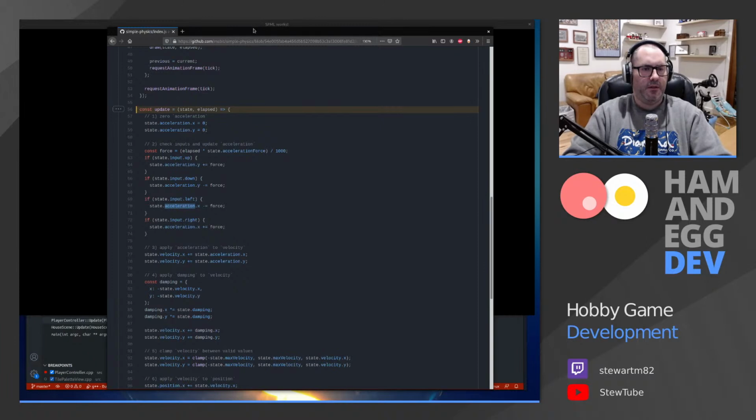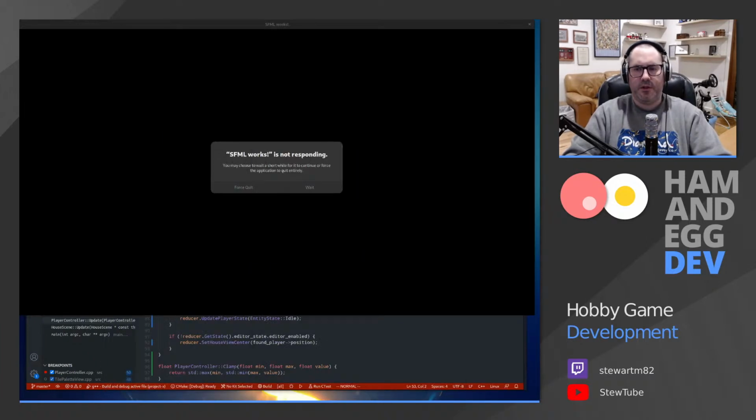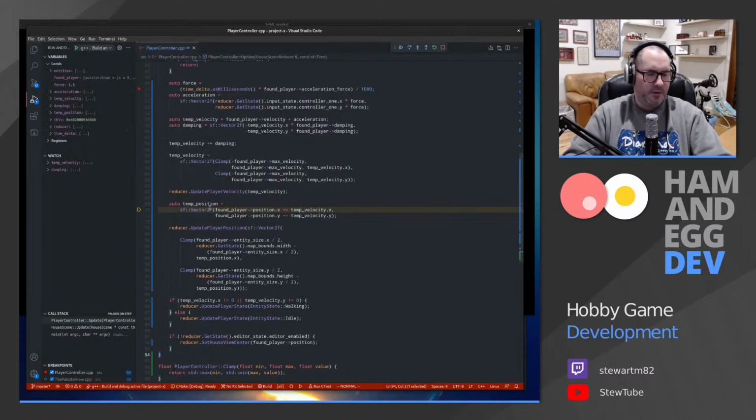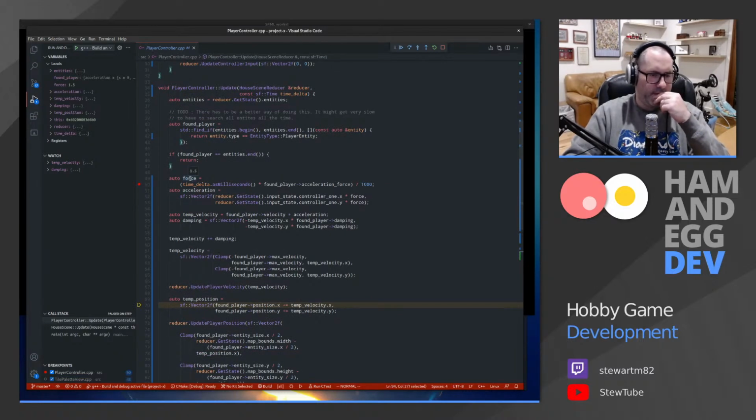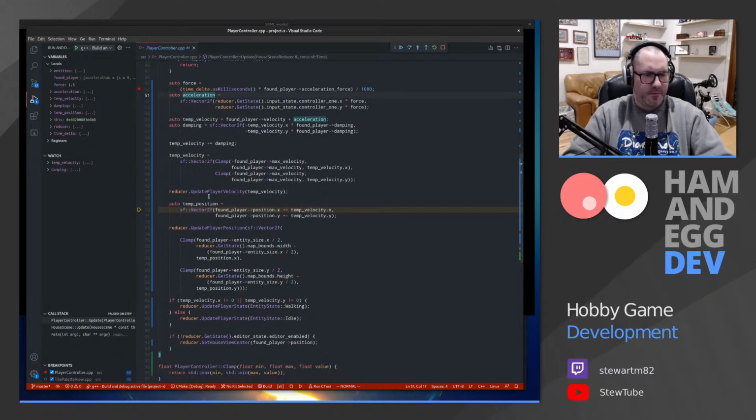Okay, that's okay. So maybe I haven't worked this out. So we have the force that's getting applied, the acceleration. So this temporary position will flap around, I think.